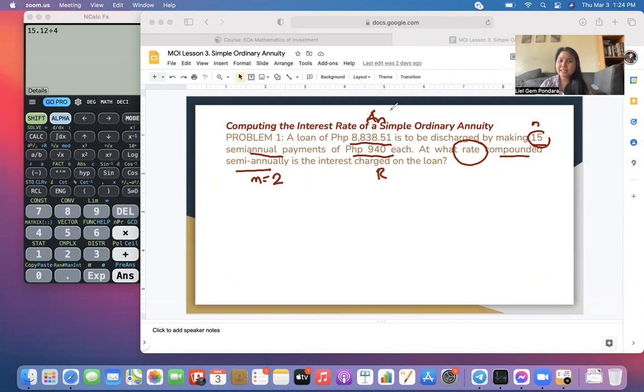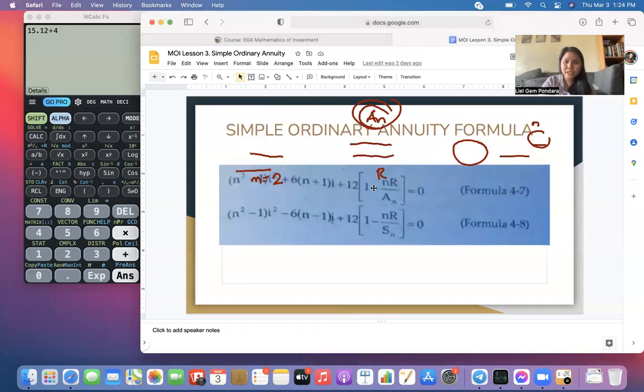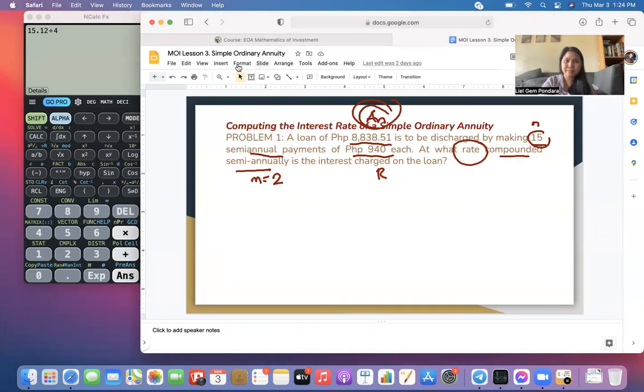Very good. Since the given is the present value or A sub n, we use the formula. I'll go back to the previous slide. I'll use the first formula, with A sub n, because that's the one being given.